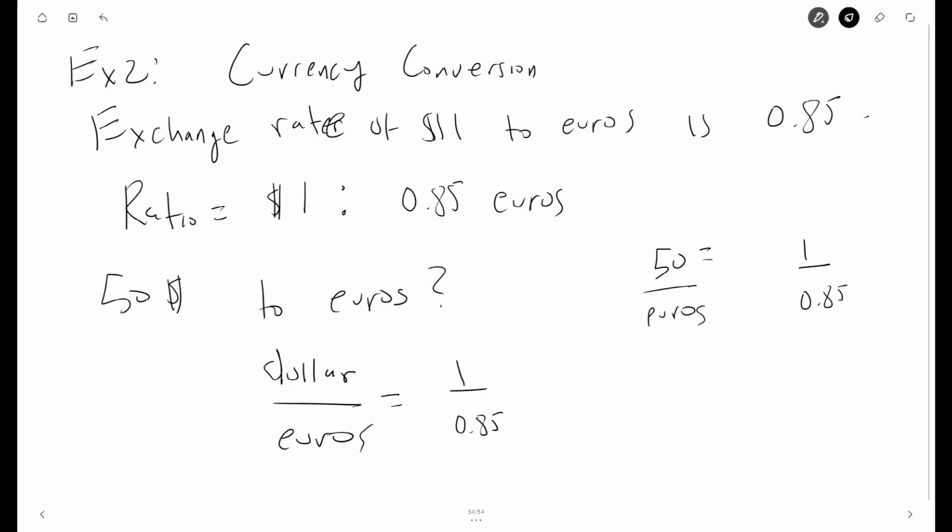We multiply both sides by 0.85, and then euros on the other side. Let's do that one first. So that would be 50 times 0.85.